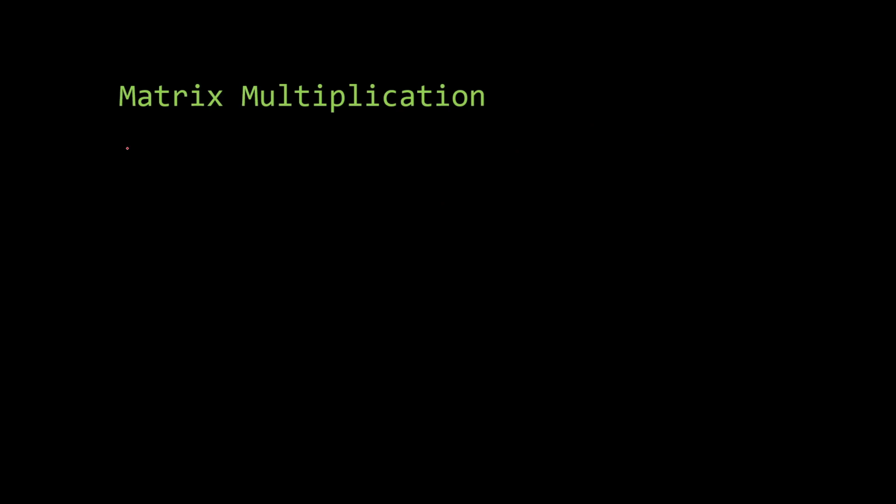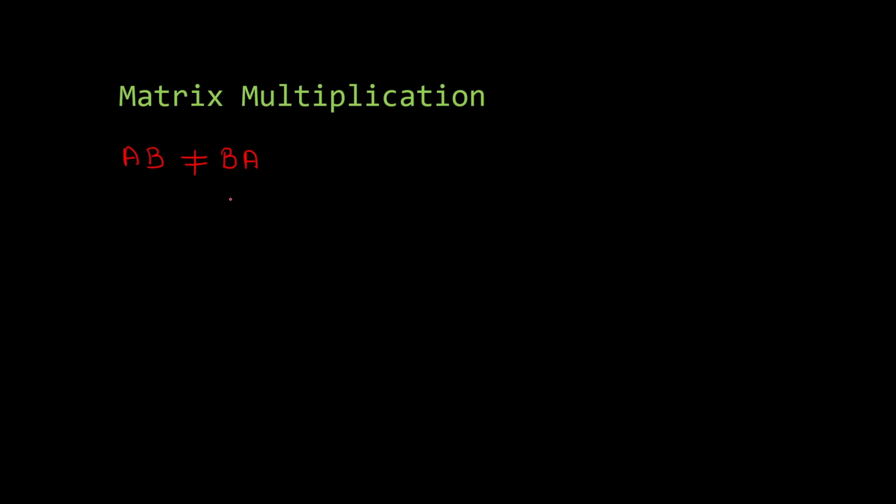Now let's talk about some properties of matrix multiplication which you should remember. Matrix multiplication is not commutative. It means if you do A multiplied by B, it is not equal to B multiplied by A. I'm not doing the proof, because you can take any two matrices and prove it. In general, if you multiply matrix A with B, it is not equal to matrix B with A. The order matters here, right?